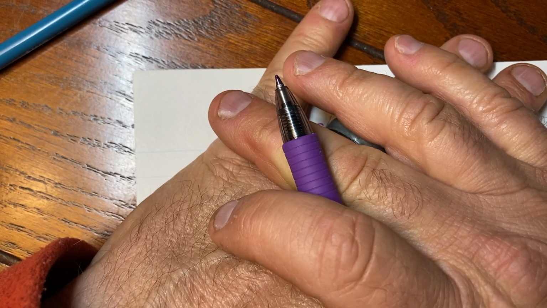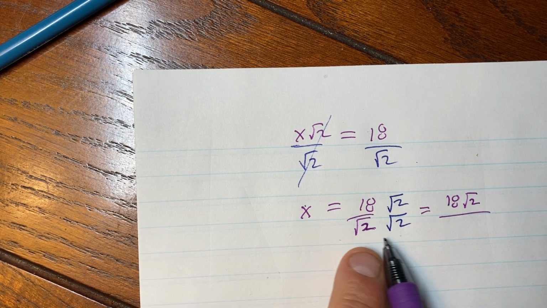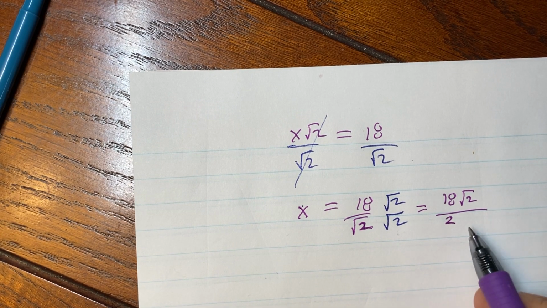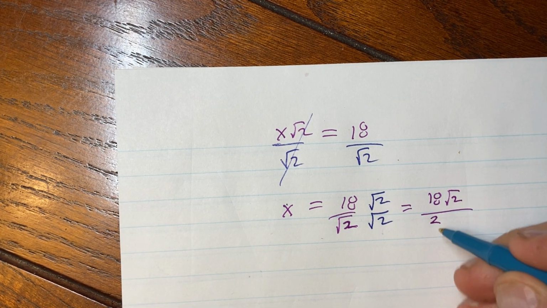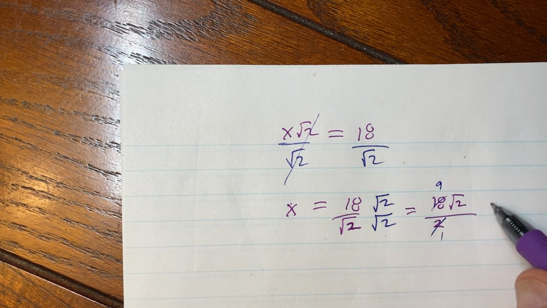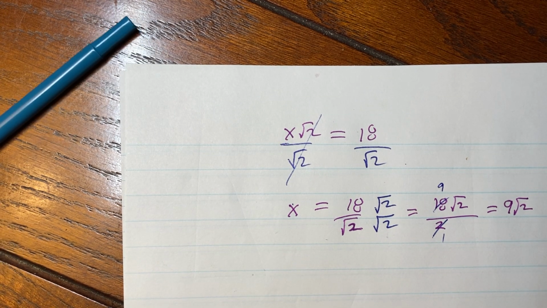Square root of 27 times the square root of 27 is 27. Square root of 56 times square root of 56 is 56. Now is it simplified? The 2 goes into the 18 nine times, so 9 root 2.